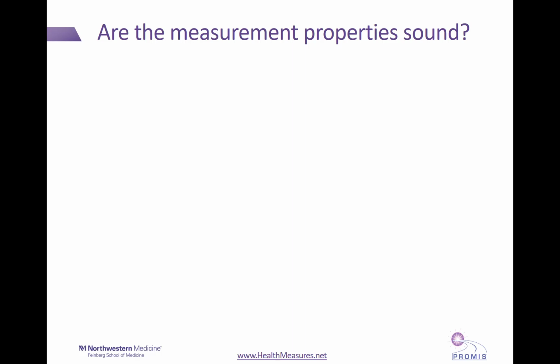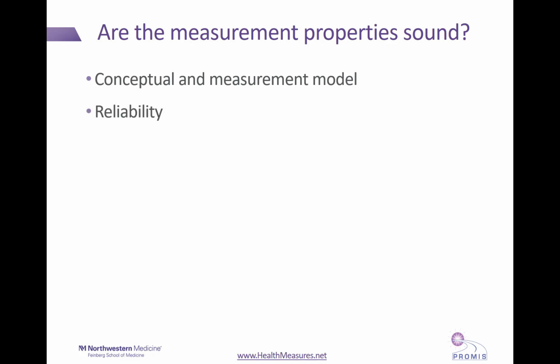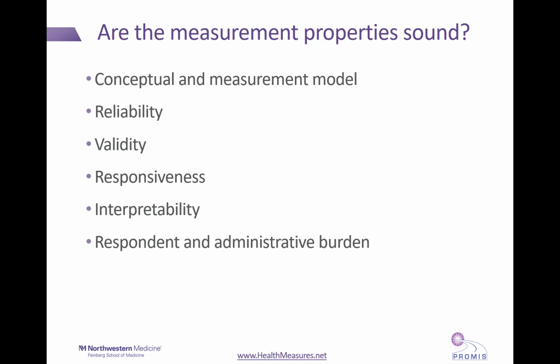These properties include, but are not limited to, the theoretical underpinning that help to design the patient-reported outcome, whether the measure is reliable or produces scores that are reproducible, whether the scores are valid or fit for purpose, measure what they are intended to measure, whether scores on the measure change with expected changes in patients over time, whether the scores are readily interpretable, the burden that the measure places on either the patient or respondent or the individual or system that's administering the measure, and whether there are any cultural or language considerations, for example, with language translation, in place for the application under consideration.